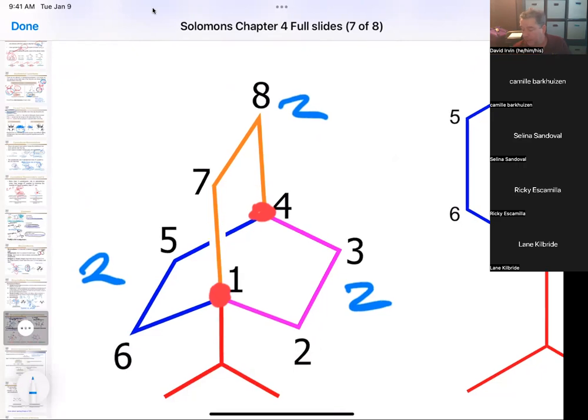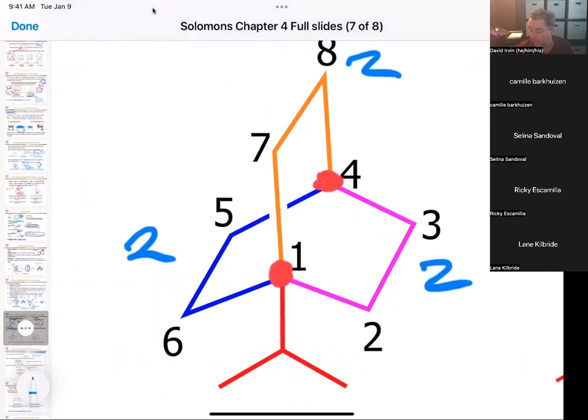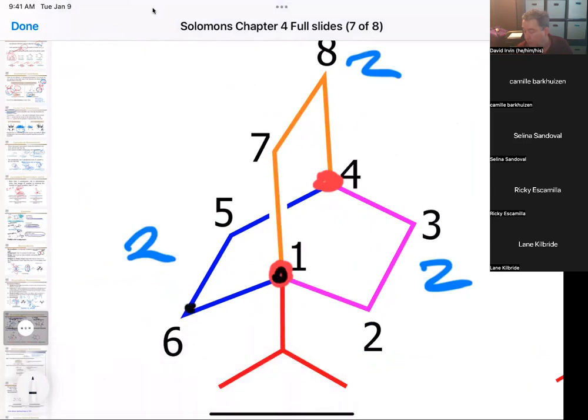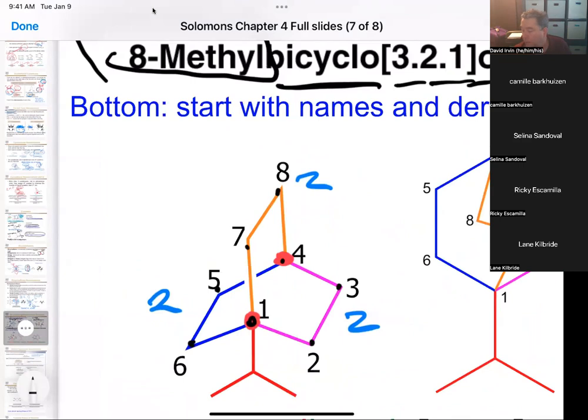So in this case, just by the way it's drawn, we're going to have 1, 2, 3, 4, 5, 6, 7, 8 carbons. So that's going to be bicyclooctane. And so we're going to do bicyclo bracket 2.2.2 bracket octane.